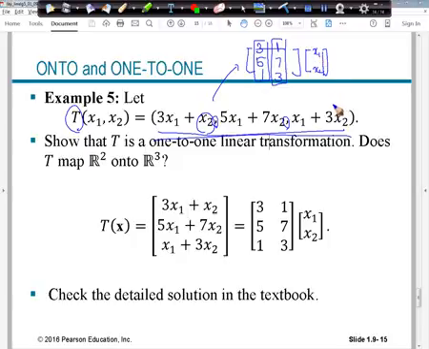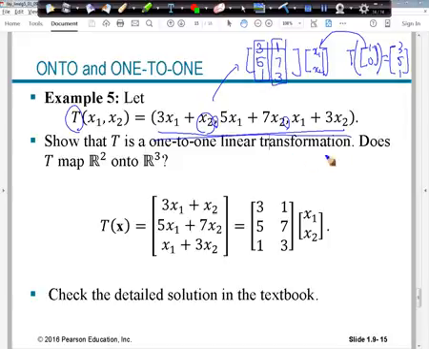Okay, and from this example, let me ask one question. What is T of 1, 0? 3, 5, 1. If you plug this in and do the inner product, you should be able to answer this question right away.